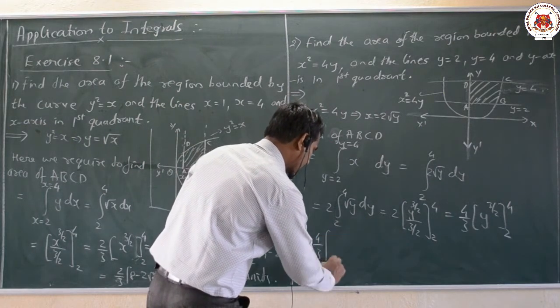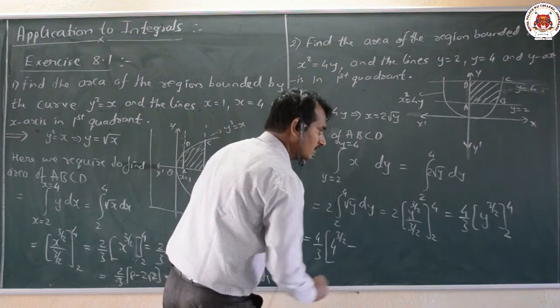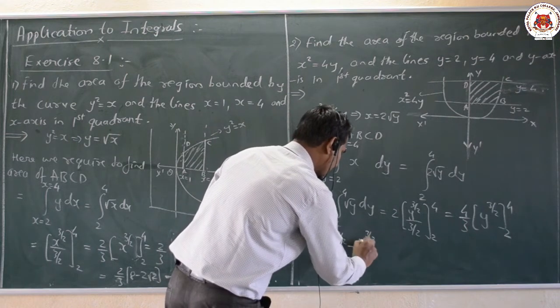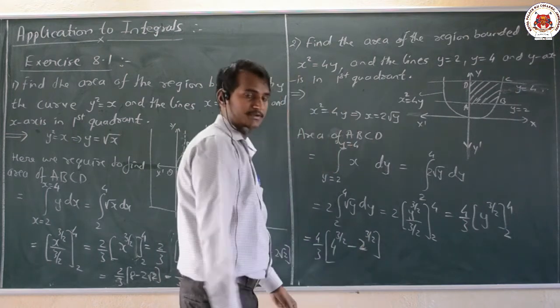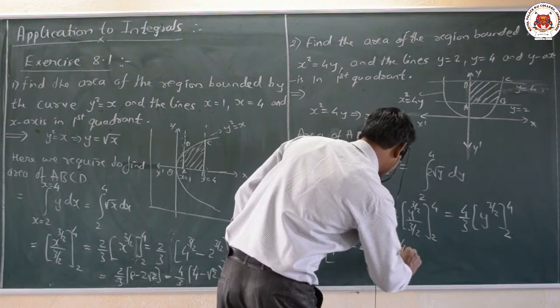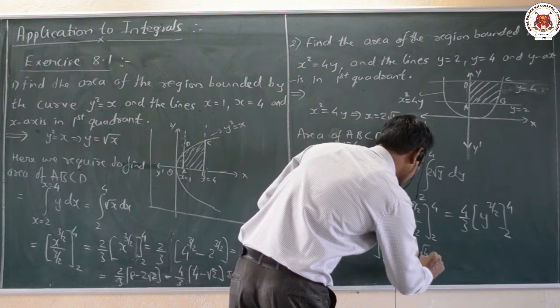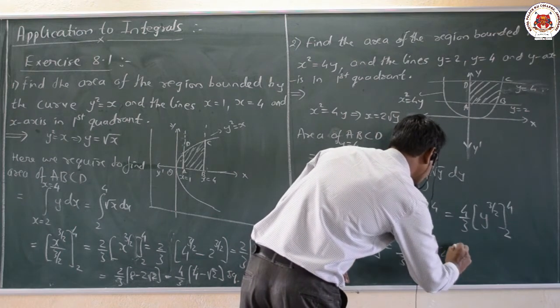That is nothing but 4 by 3, 4 to the power of 3 by 2 minus 2 to the power of 3 by 2. Now how to solve it, that is very important. That is 4 by 3 into 4 root 4 minus 2 root 2.